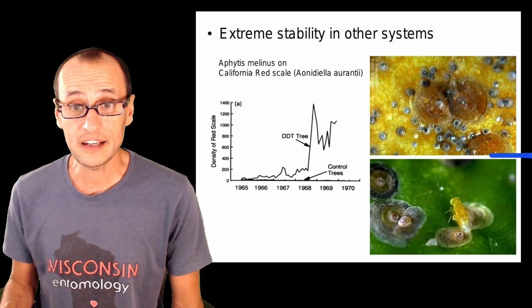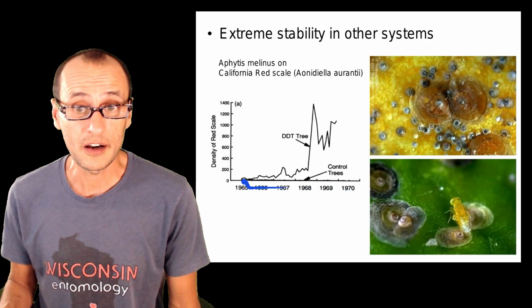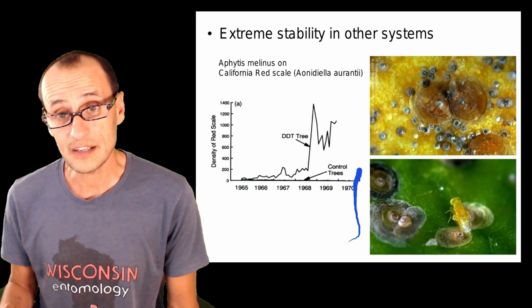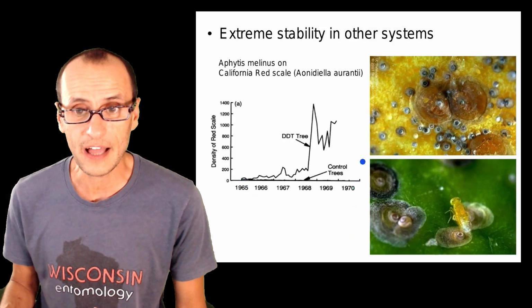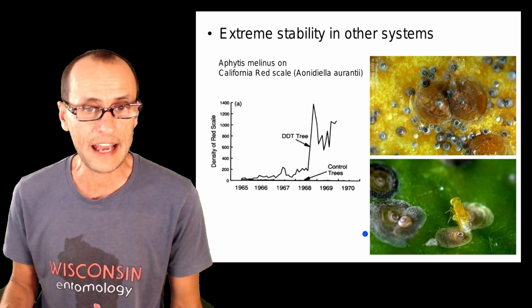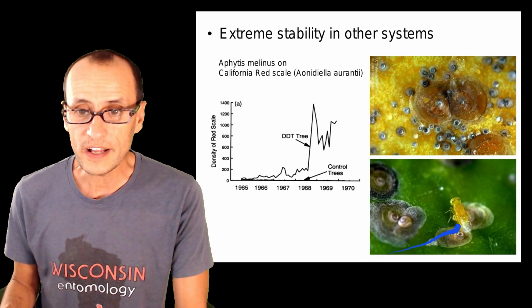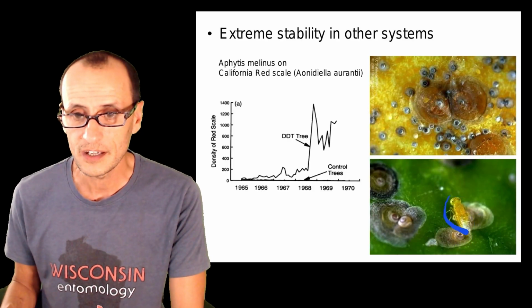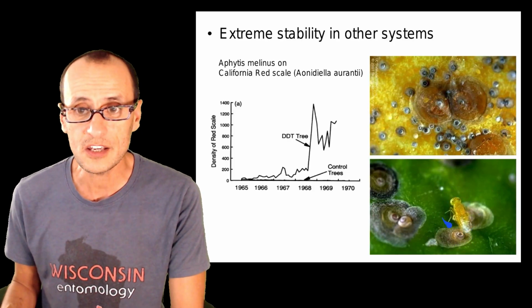And here's, on the other hand, an example of the dynamics of the red scale, one of the pests that we talked about at the very beginning of class, that attacks oranges. Red scale is attacked by a variety of introduced parasitoids, including this little aphelinid here.